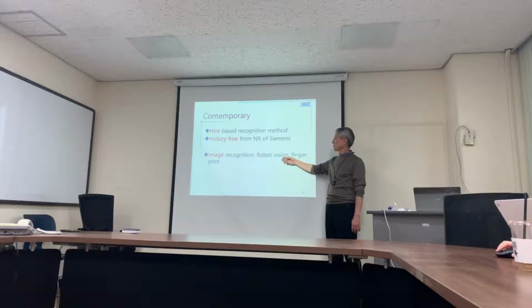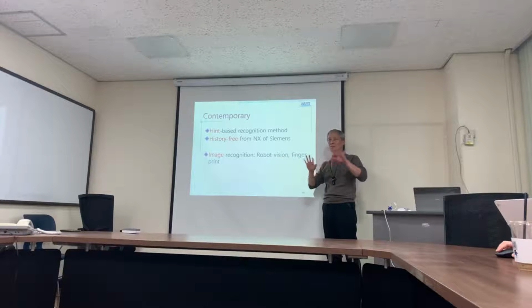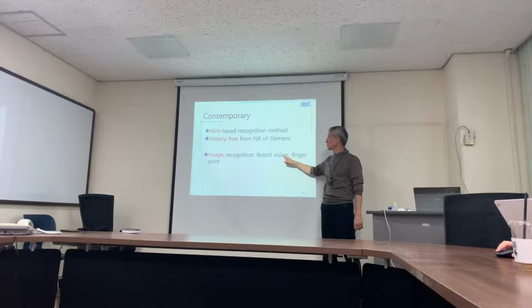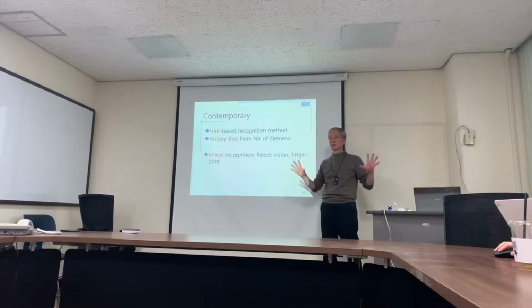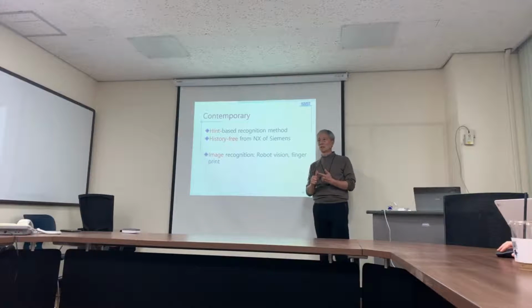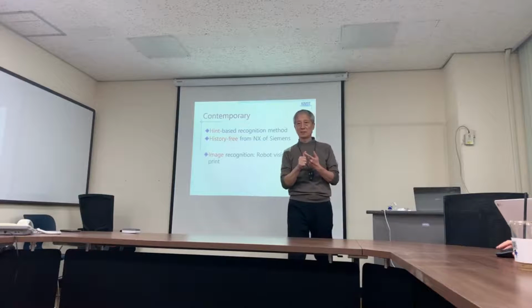And Abi already showed us image recognition. It is a little bit different from our CAD model feature recognition. But anyway, they also use feature recognition from images. We showed the video, right? Robot vision or fingerprint, they should find out features.